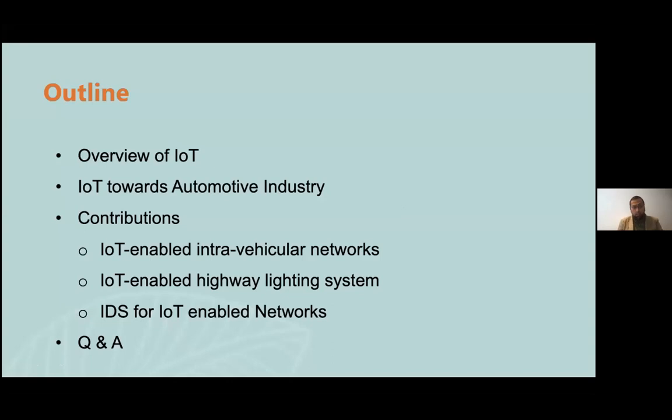As I know that you guys know about IoT, but for those who are not familiar, I will give a brief intro overview of IoT. Then I will directly connect to IoT towards automotive industry. And I will try to raise some issues. And then I will share some of our contributions on this domain. And there will be Q&A.